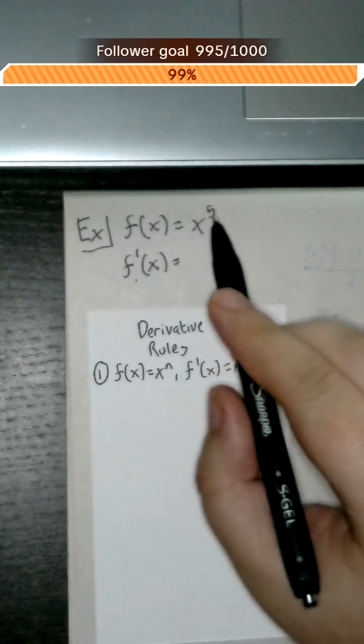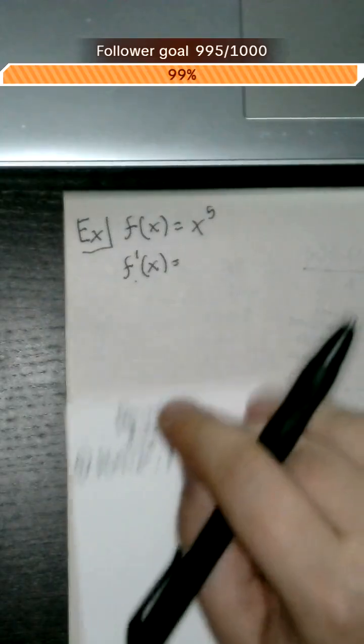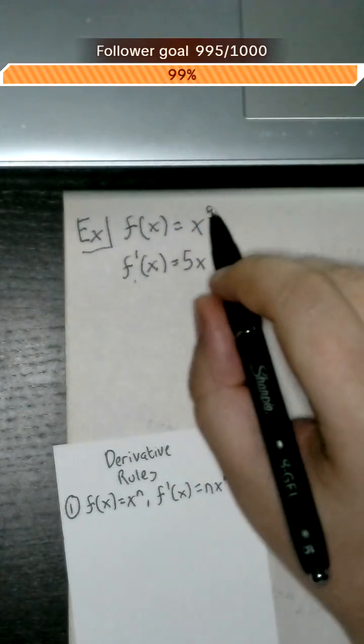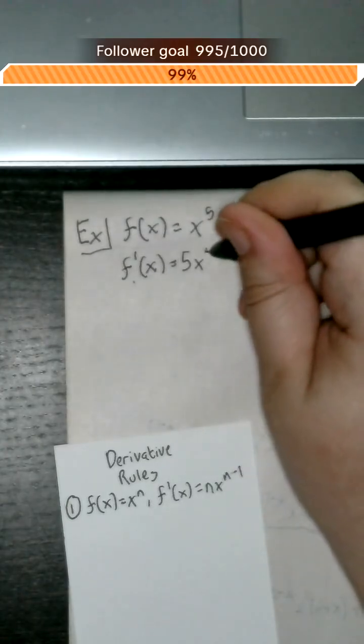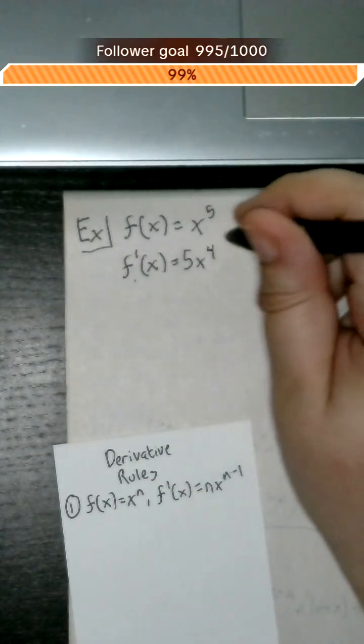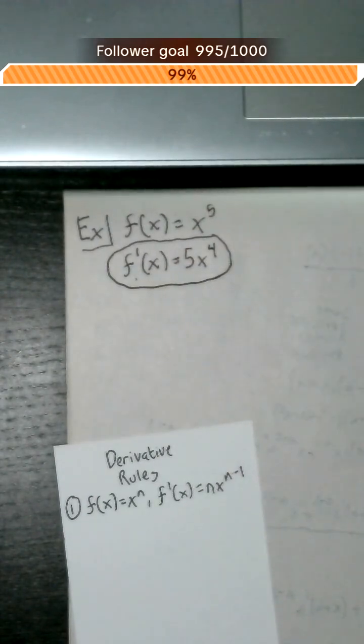So I take this 5 and move it out front. So I have 5, x comes along for a ride, and I have 5 minus 1, which is 4. And I promise you, that's it. That is it.